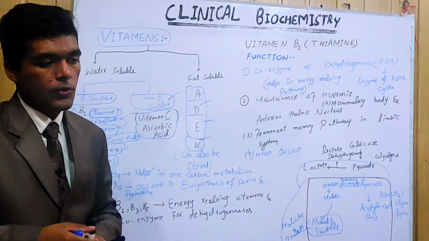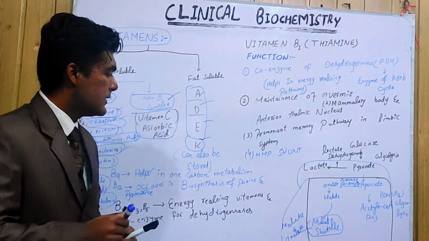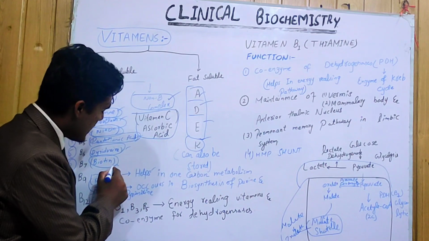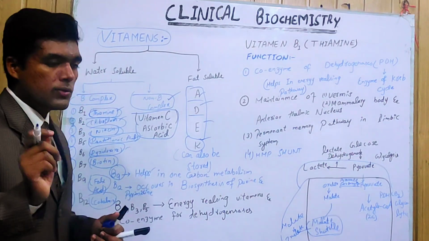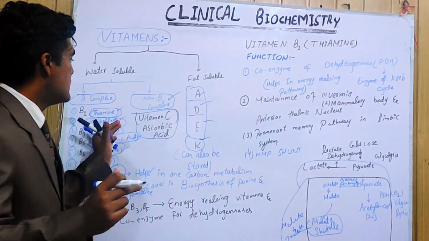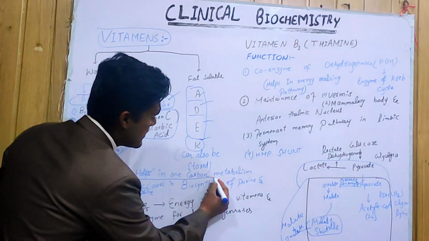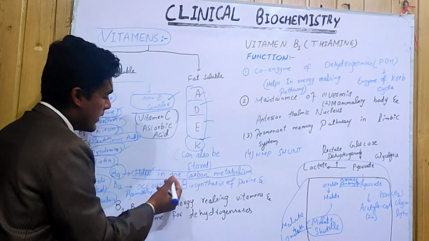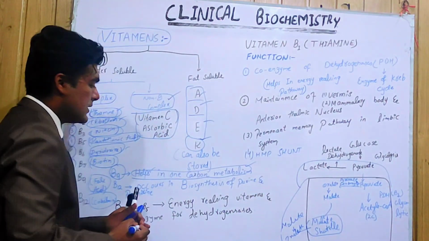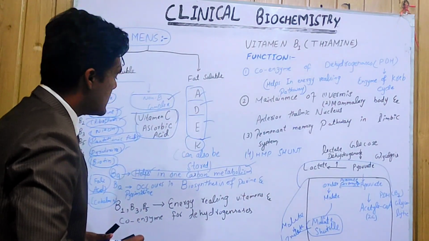Two to three things from the MCQ point of view you must remember. B9, we will also go into detail on each and every one of these vitamins, but here from the MCQ point of view it helps in 1-carbon metabolism. On 1-carbon metabolism we have a separate lecture in this clinical biochemistry, which is our third lecture.